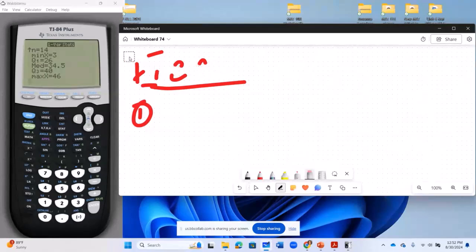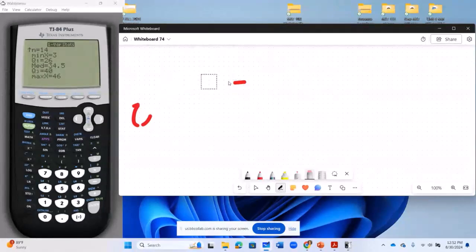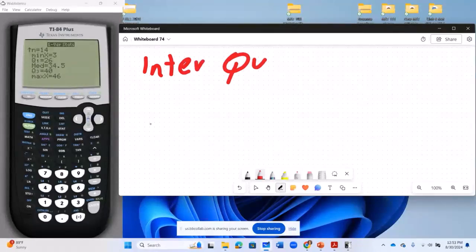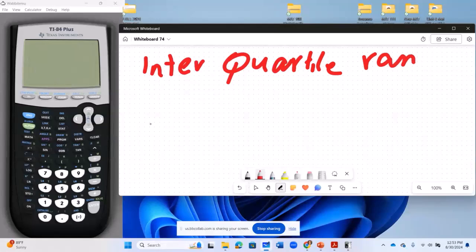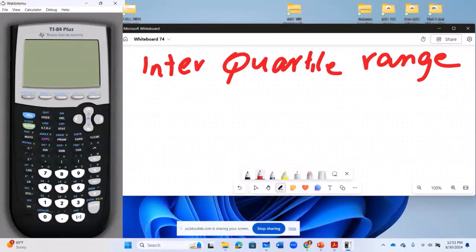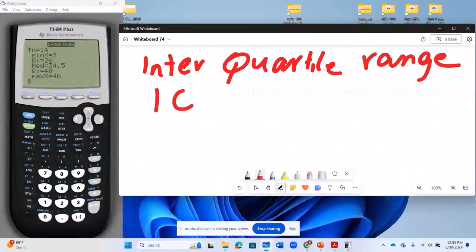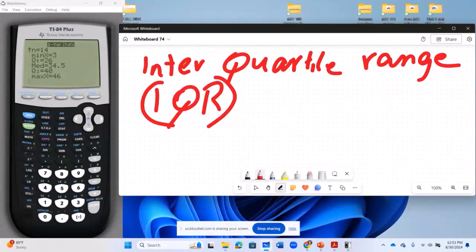The interquartile range, in short form, is called IQR.